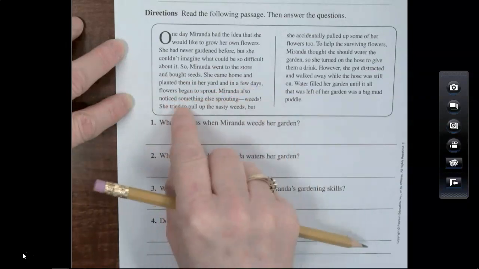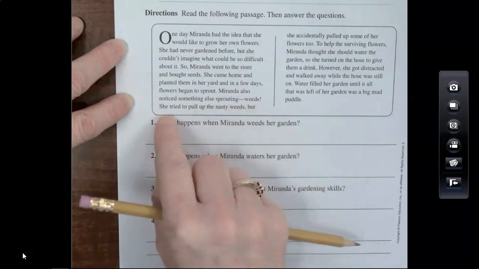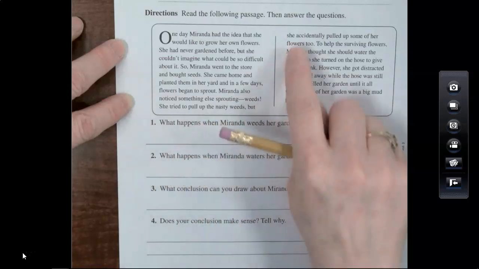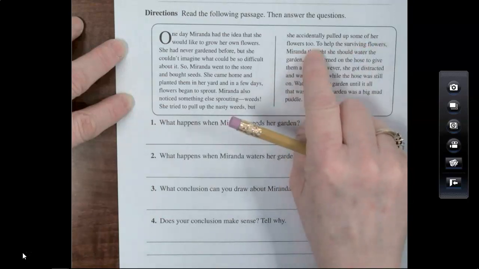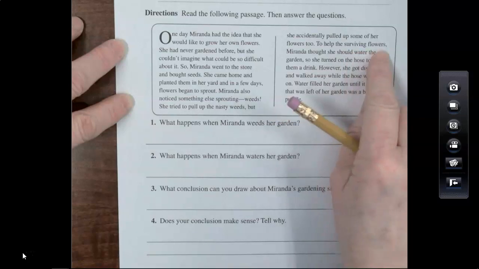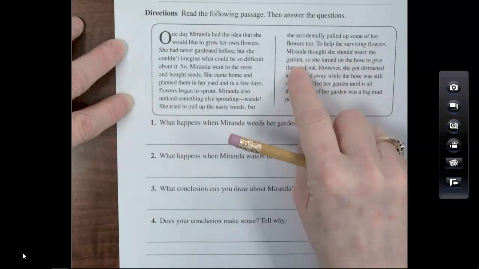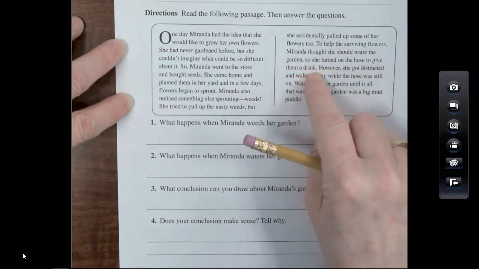Miranda also noticed something else sprouting, weeds. She tried to pull up the nasty weeds, but she accidentally pulled up some of her flowers too. To help the surviving flowers, Miranda thought she should water the garden. So she turned on the hose to give them a drink.